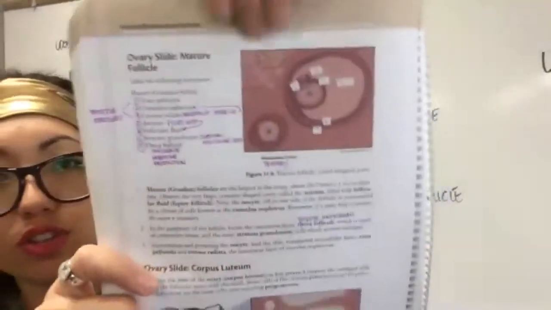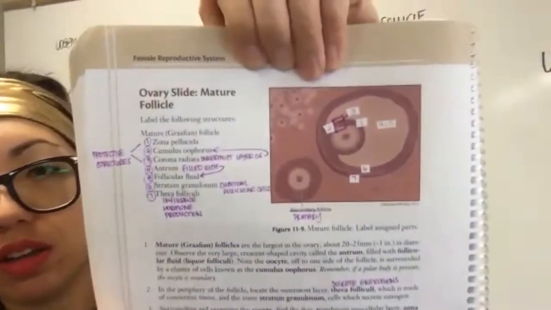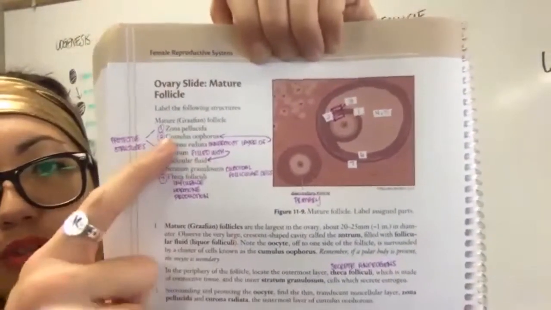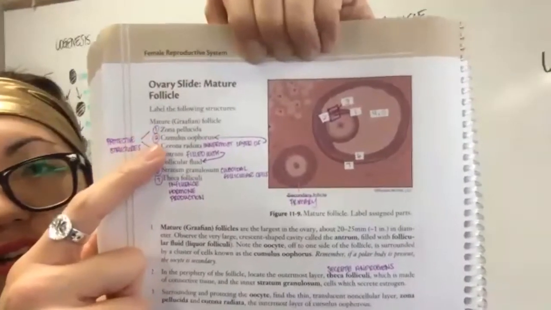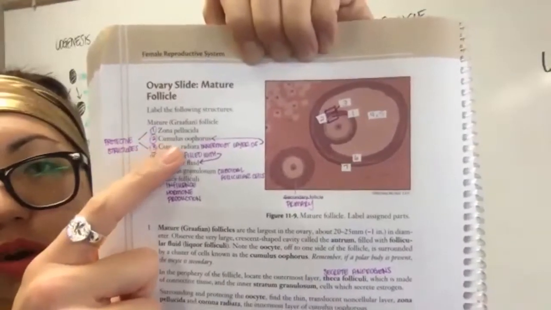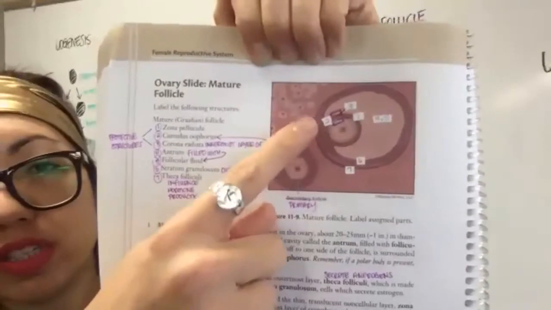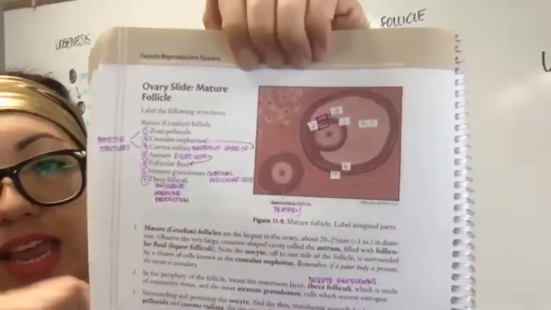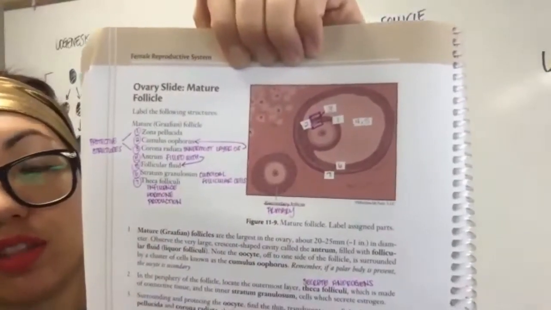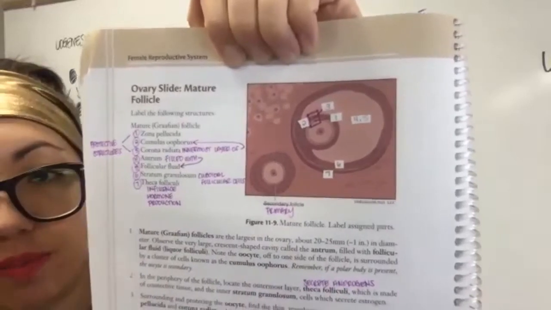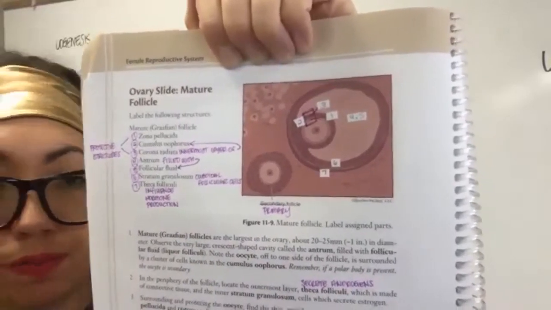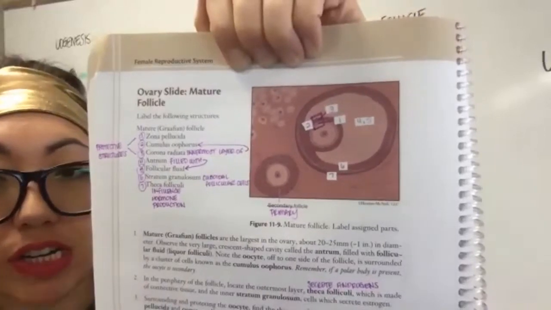Okay, so for these structures right here, when we're talking about the zona pellucida, the cumulus oophorus, those are going to be specific layers of the follicular cells right there. And I also wrote little notes about their functions.